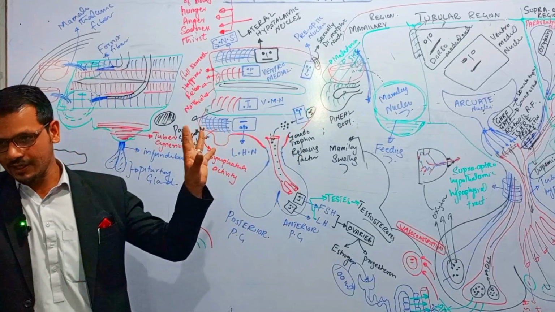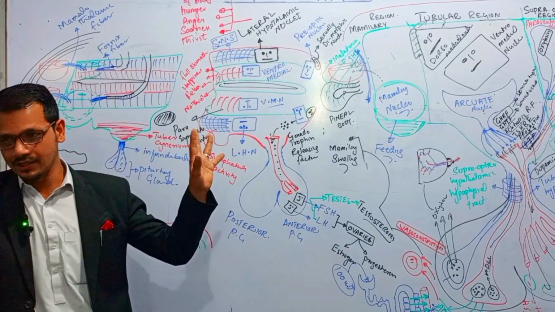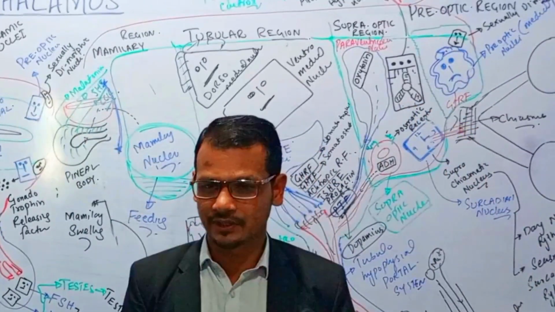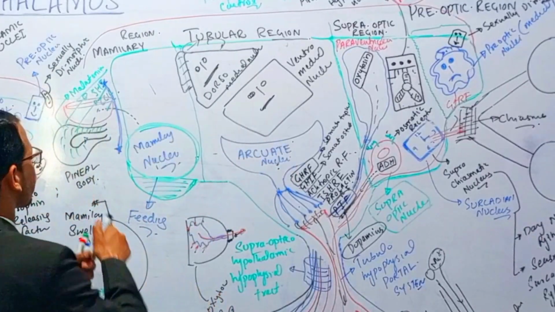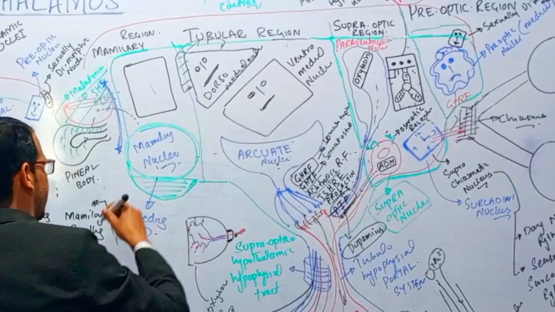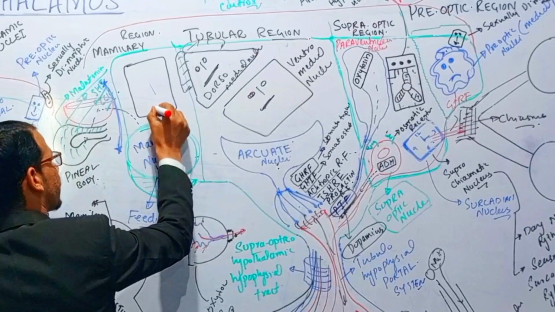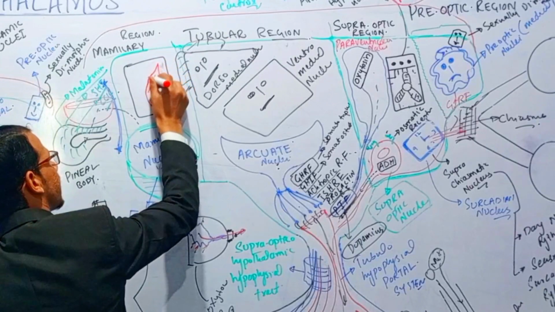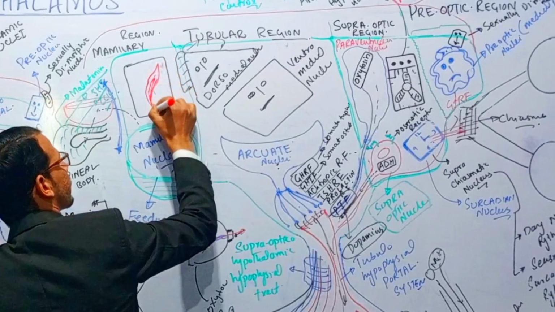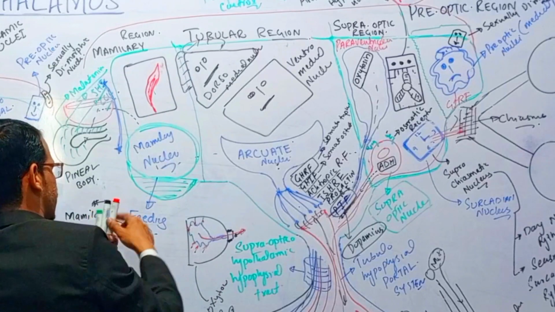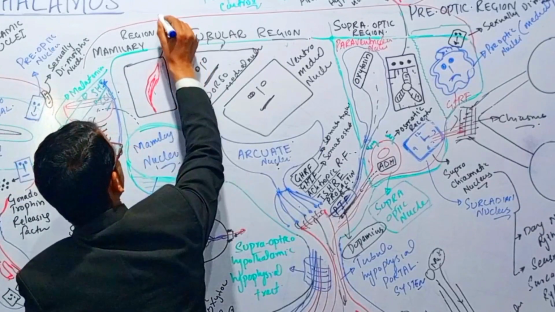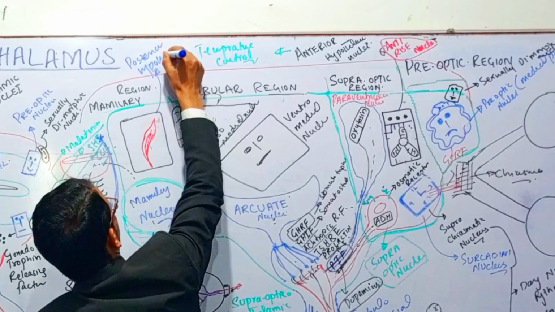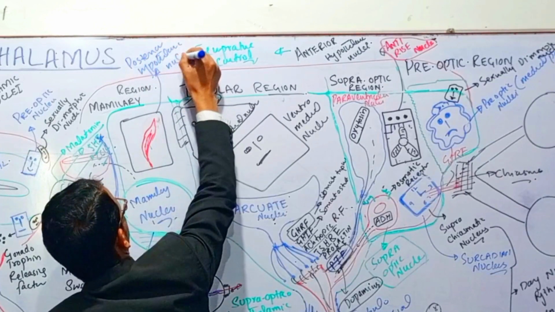The last nuclei in the hypothalamus, the opposite of this nuclei, is called the posterior hypothalamic nuclei. It is the biological heater of the body.